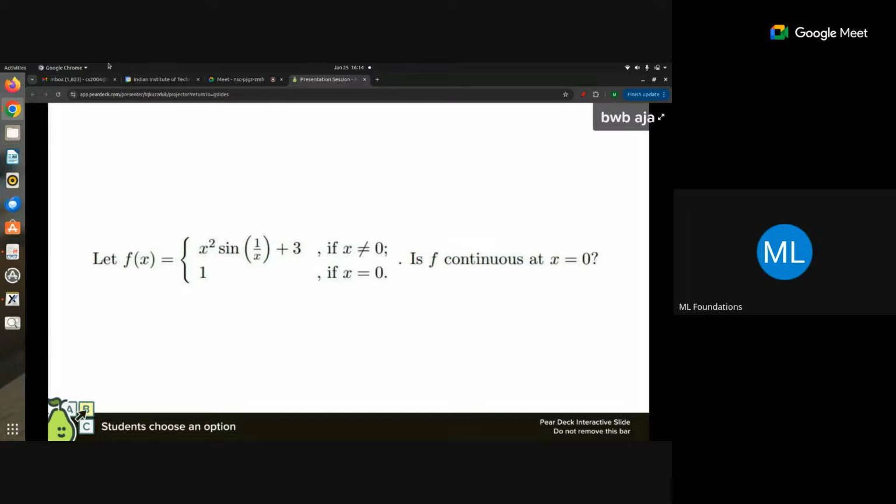Linear algebra and calculus are very important. Also statistics: the probabilistic understanding, Bayes theorem, everything will come up somewhere. If you understand machine learning from a theoretical perspective, all these things will be very useful.